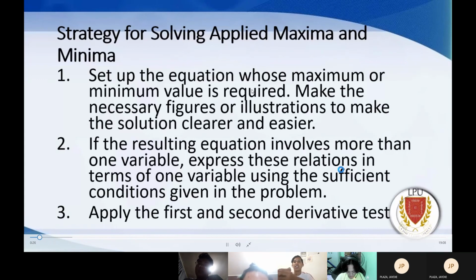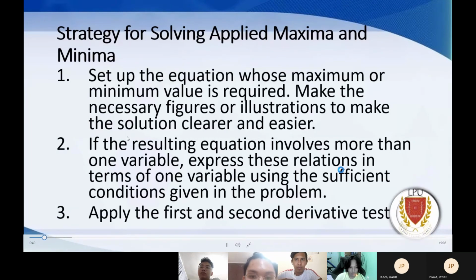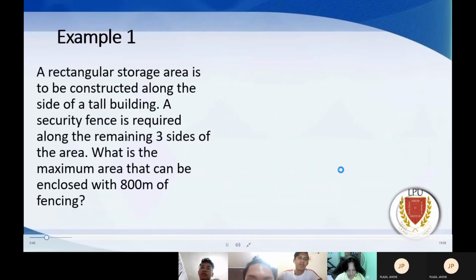Make the necessary figures or illustrations to make the solution clearer and easier. If the resulting equation involves more than one variable, express these relations in terms of one variable using the sufficient conditions given in the problem. And lastly, apply the first and second derivative test. For example number 1, a rectangular storage area is to be constructed.